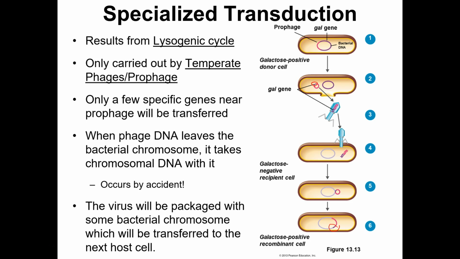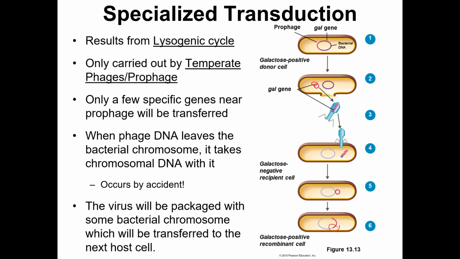So let's use another example we can relate to. E. coli O157:H7 has a prophage. It's the recipient. That prophage has the Shiga toxin gene. Normally, E. coli does not have the gene for the Shiga toxin. What does? Shigella, E. coli's cousin.